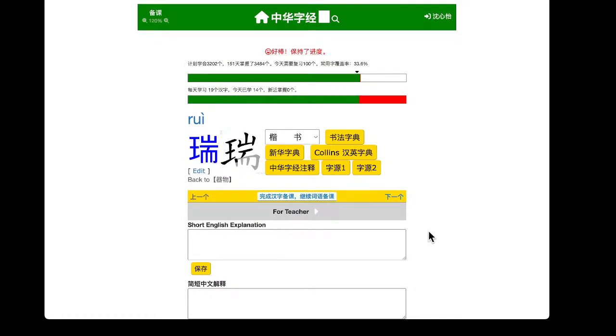Representing a promise, or representing some sort of contract.